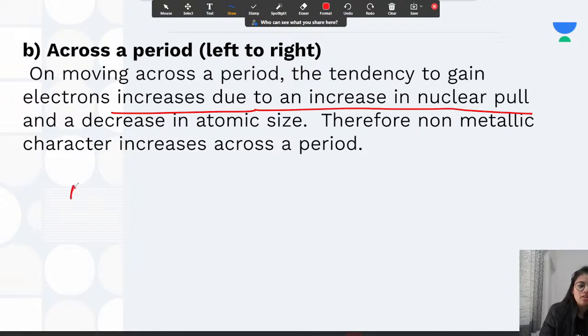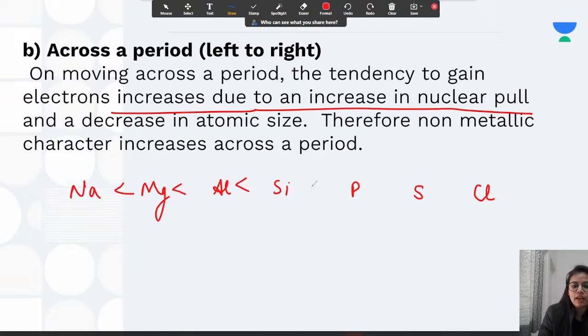If I take the case of sodium, magnesium, aluminium, silicon, phosphorus, sulfur and chlorine, these are the elements of the third period. The non-metallic character will increase across the period, which makes chlorine the most non-metallic and sodium the least non-metallic, that is, it has the most metallic character.